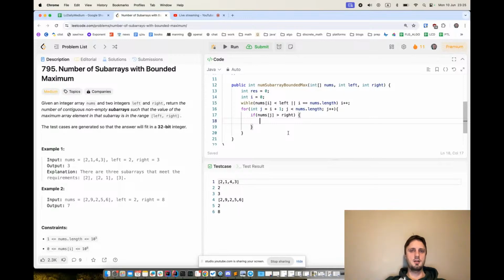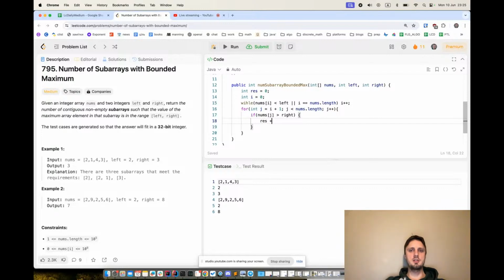So how can I calculate my result? I have i and j, right? At the beginning, my i is 0, and my j is 1.